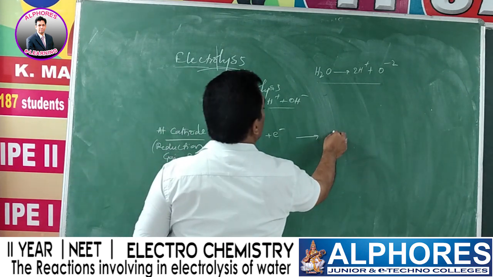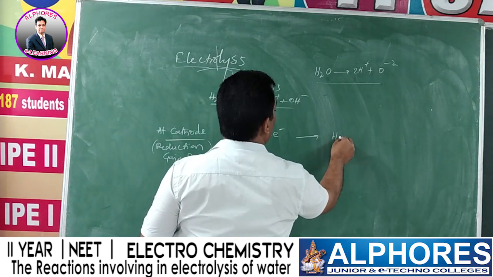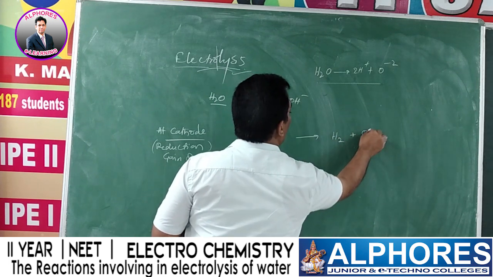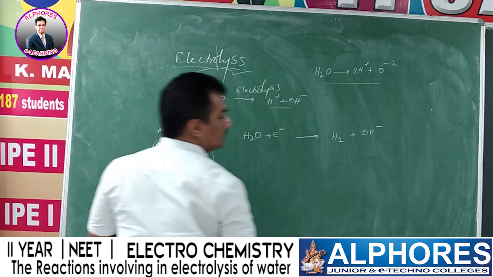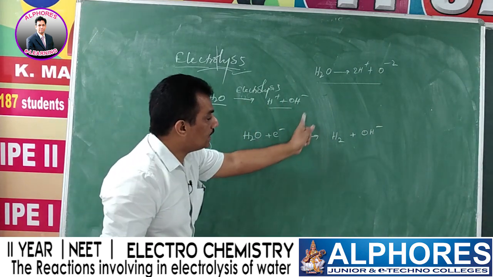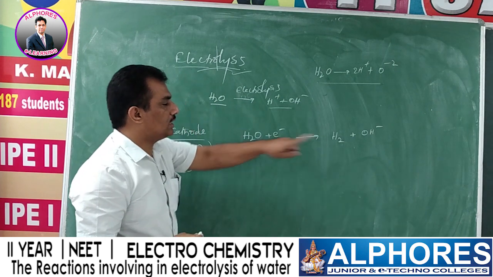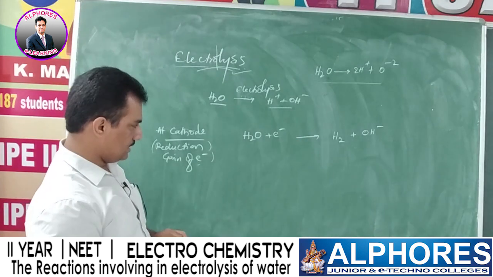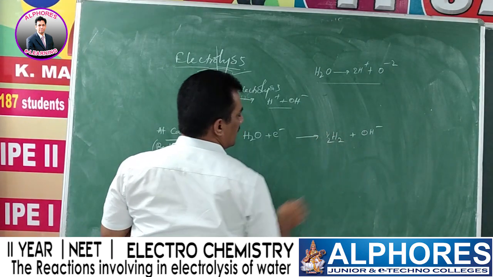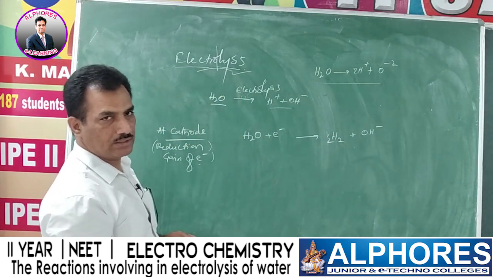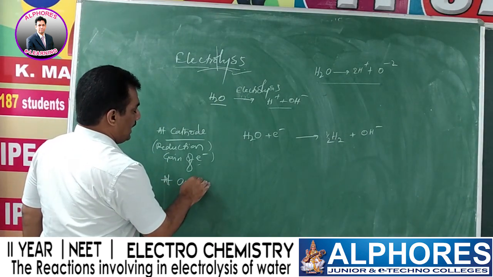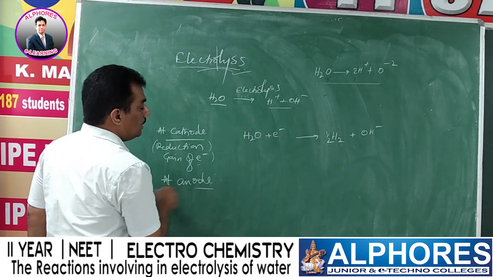When water is splitting like this, H plus will get those electrons and is released in the form of H2, and the other part is OH minus. Clear? At the cathode, only the cation, H plus, will take the electron and the other part will be released as OH minus. So simply one H plus, thereby we can say half H2 plus OH minus.